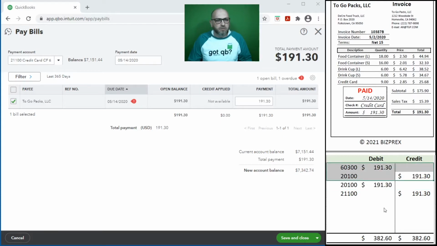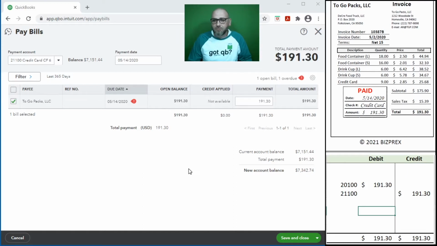All right, so we can go ahead and clear that out. Here it is. This amount right here is a credit to account 21,100. This liability is going up. And at the same time, it is a debit to account 2100, our accounts payable account. Even though it's not showing up on this interface, it is there. And this amount is a debit and a credit.